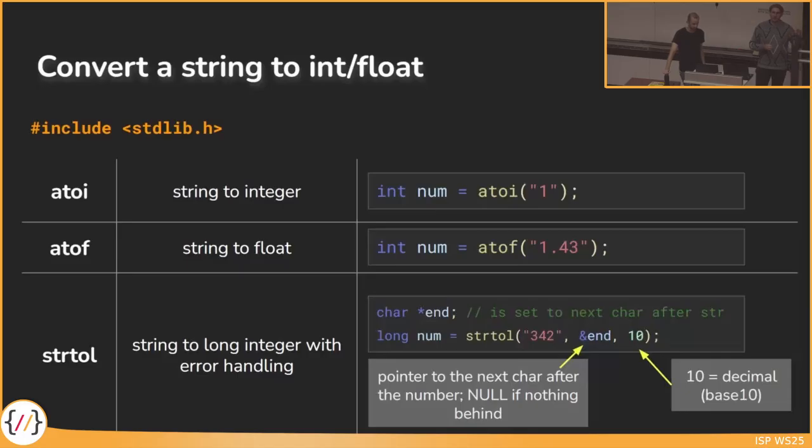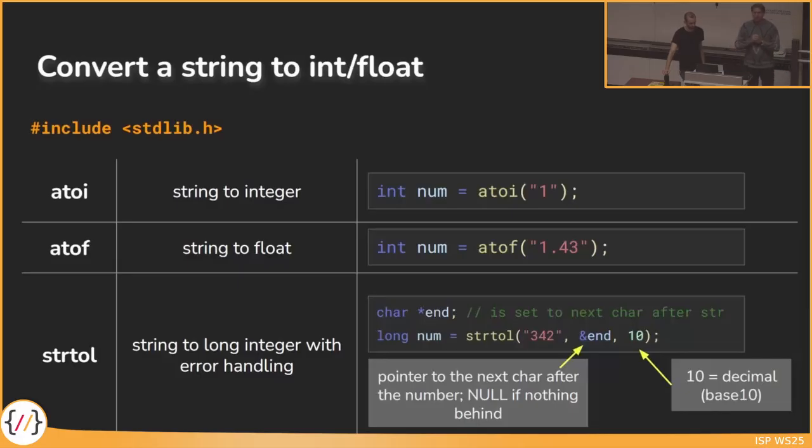You pass a string to the function atoi, and it returns the integer value. So if you, for example, pass "1" as a string, you will get 1 as an integer value returned by this function. You can do the same also for float values.